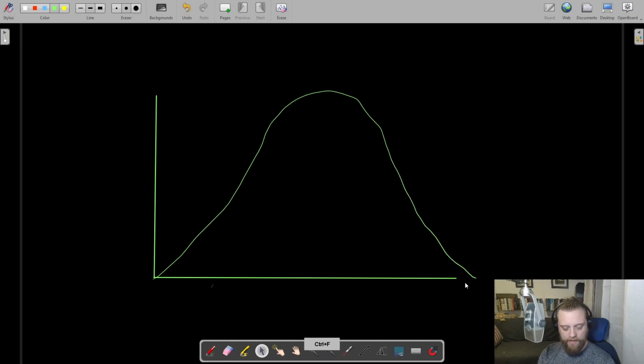Now, our mean here then was 4.75. No, sorry, our mean was 4. So 4 kilograms.